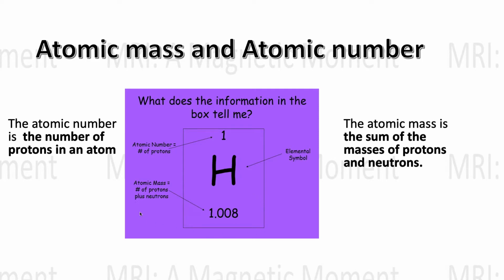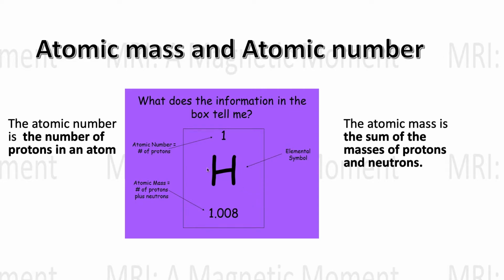So atomic number. The composition of the atomic nucleus gives us lots of information about the element it represents. The number of protons in an atom basically tells us the atomic number of the element.